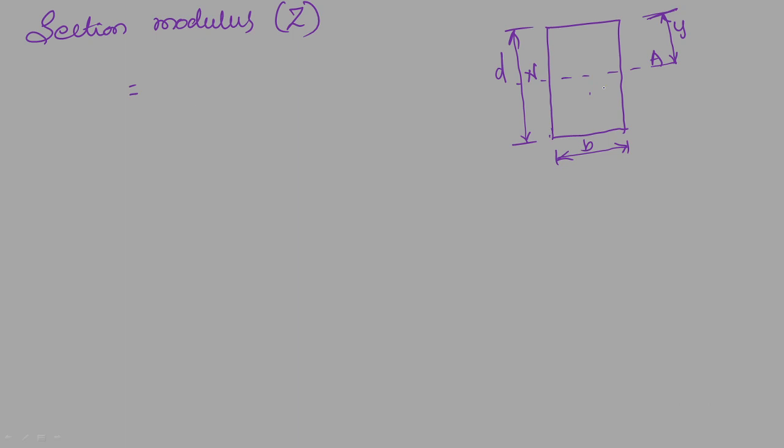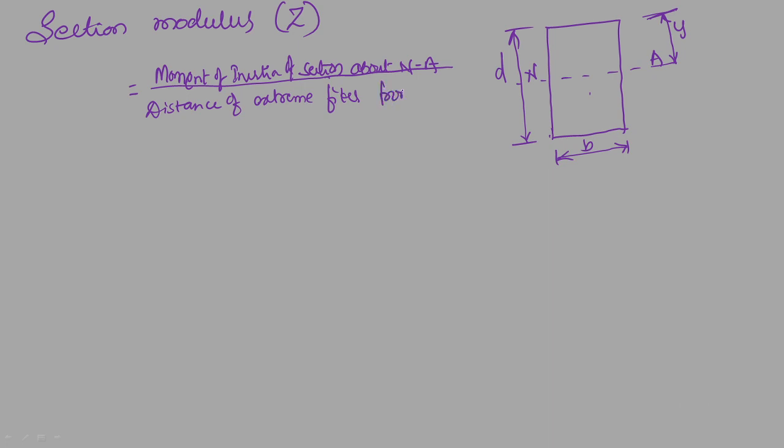Now based on the definition of section modulus, this is the ratio of the moment of inertia of the section about the neutral axis to the distance of the extreme fiber from the neutral axis.